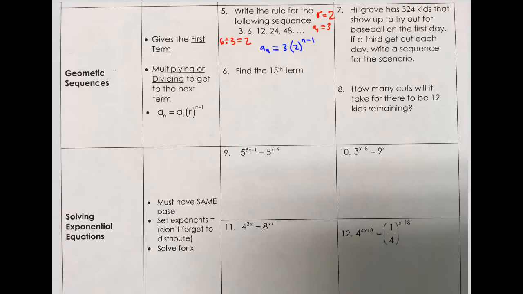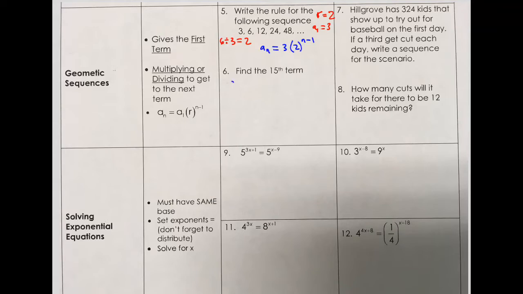Number 6 is saying find the 15th term. How do you find the 15th term? Well, we already have our rule, and so in order to find the 15th term, all we have to do is plug in 15 for n. So shall we do that?